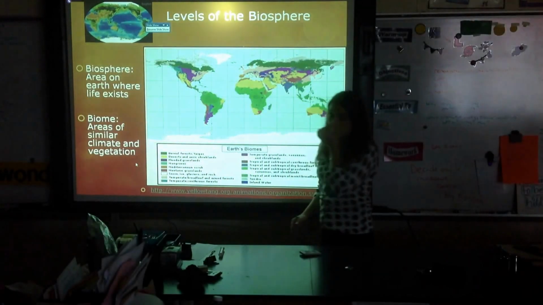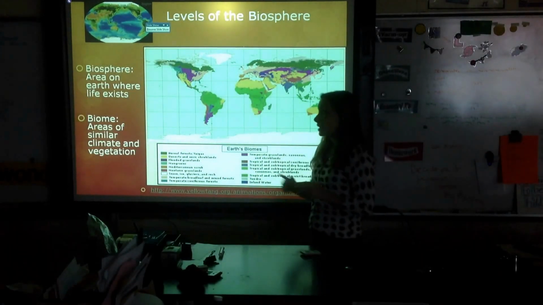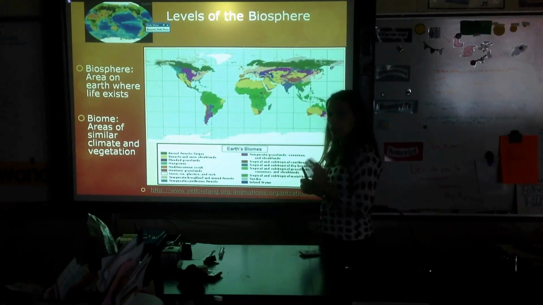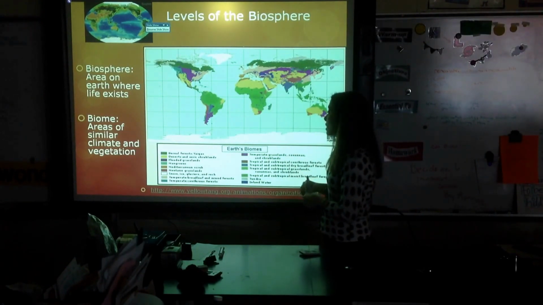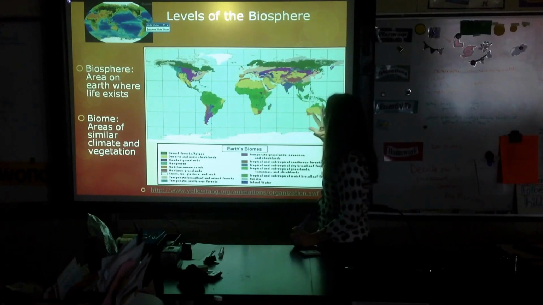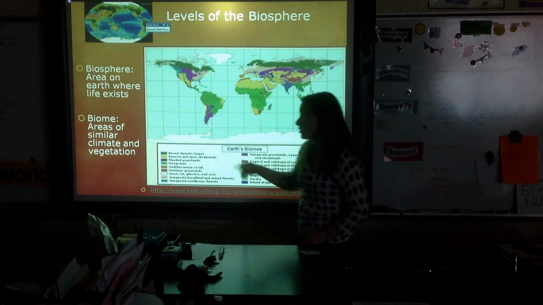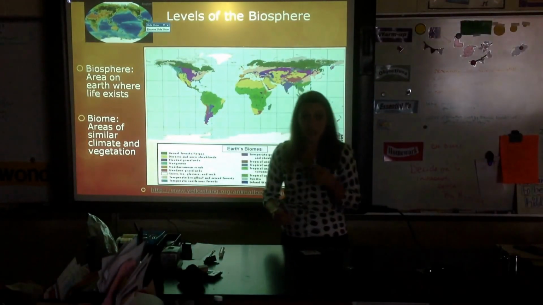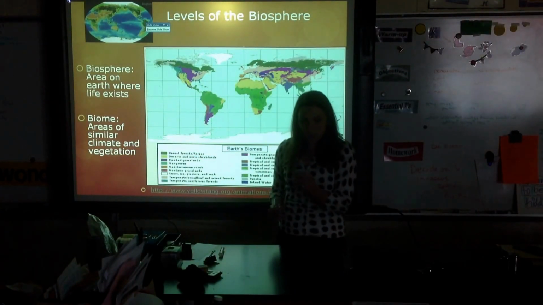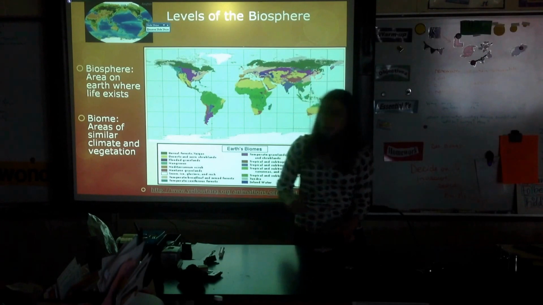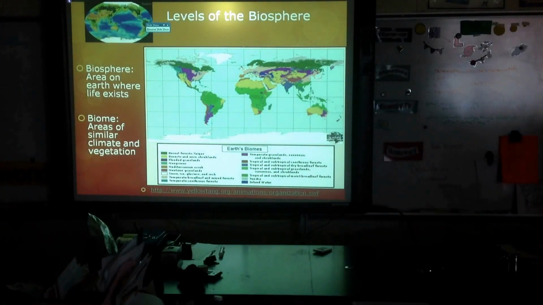We can divide the biosphere up into what are called biomes, areas of similar climate and vegetation. And so if you look at this map, you can see that based on the colors, some parts of the Earth have very similar climate and vegetation. Now we want to pause here for a second and remind ourselves that climate means weather.